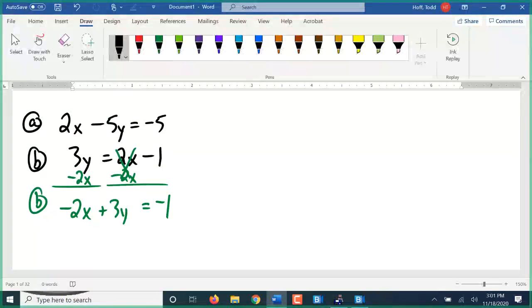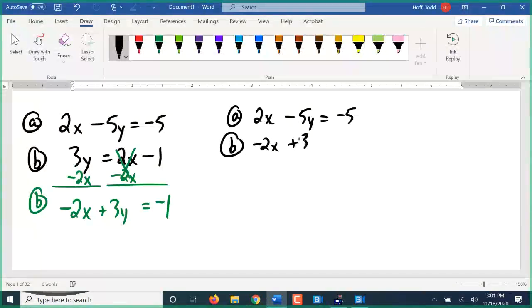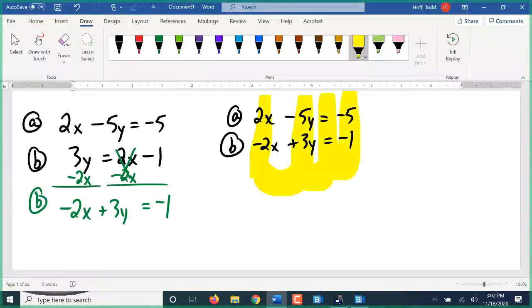So my system of equations becomes, the first equation hasn't changed: 2x minus 5y equals negative 5. But equation B now is negative 2x plus 3y equals negative 1. Now everything is lined up. X's, y's, equal signs, and then the constant.